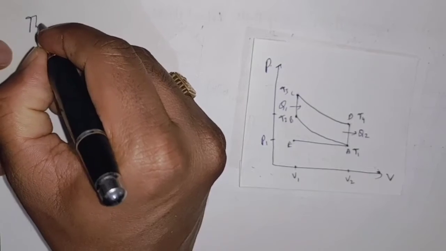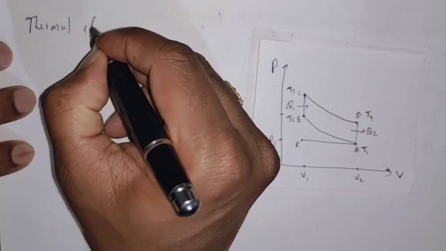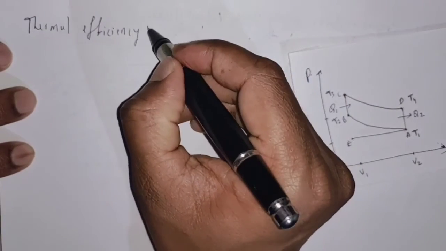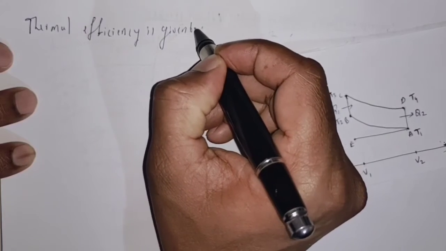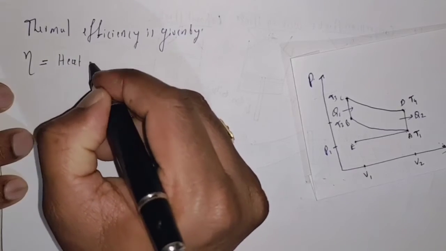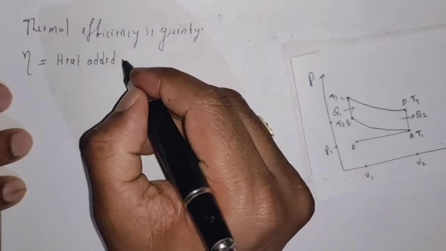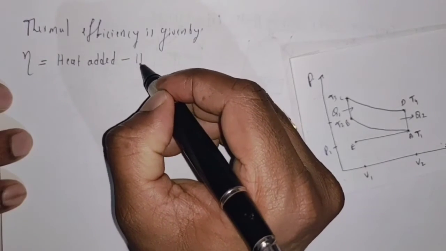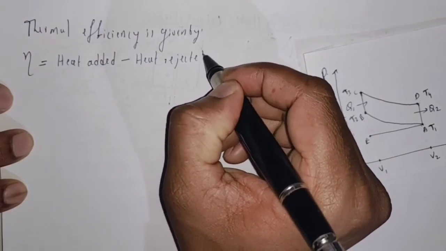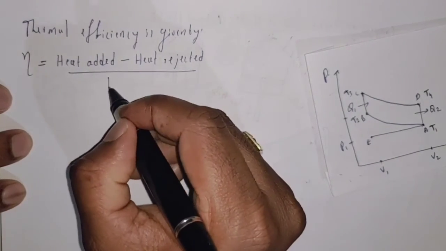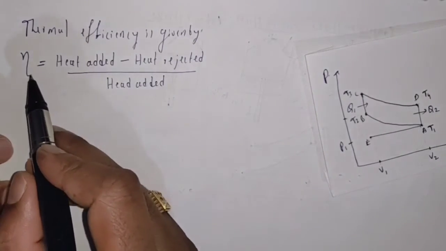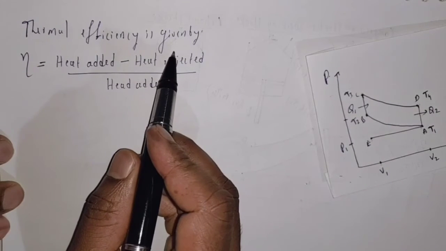The thermal efficiency eta is equal to the amount of heat added to the cylinder minus the amount of heat rejected, divided by the amount of heat added to the cylinder. This is the formula for thermal efficiency.